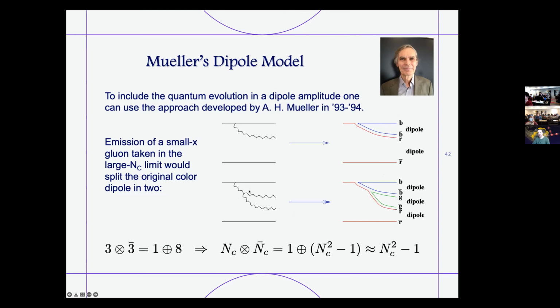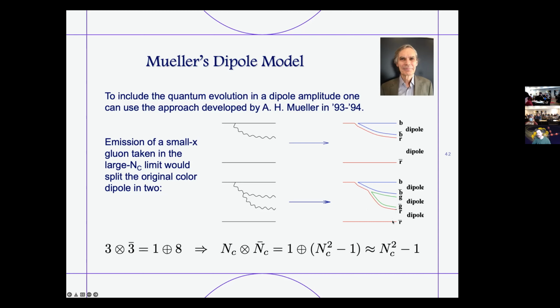If we emit a gluon down here, for instance, this red anti-red dipole would be split again, and we will generate a new green anti-green dipole, and we have the original red anti-red and the blue anti-blue we created in the previous step. So after two gluon emissions, we may have three dipoles.